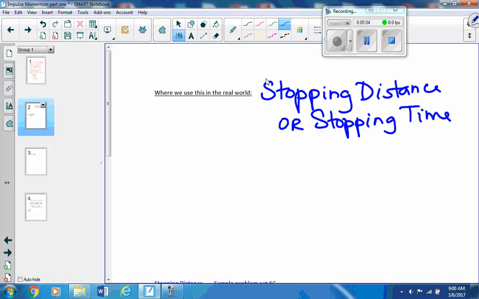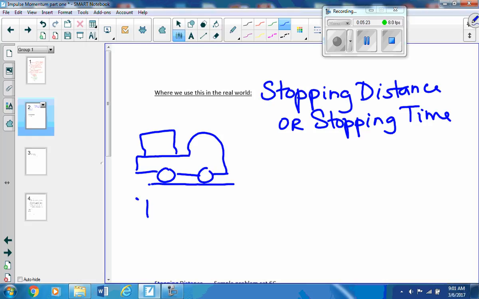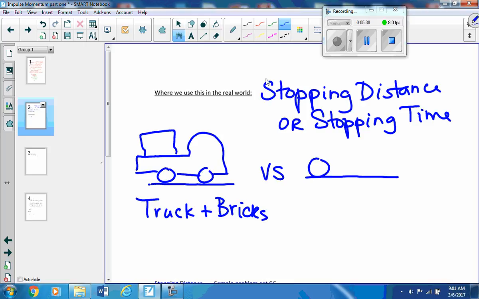What I want you to imagine are two different scenarios. As you well know, I don't draw all that well, but I'll try to make it somewhat similar. On the left-hand side, I have a truck that has a load of bricks. So this is a truck plus bricks. And I want to compare it to an empty truck. There's my empty truck.